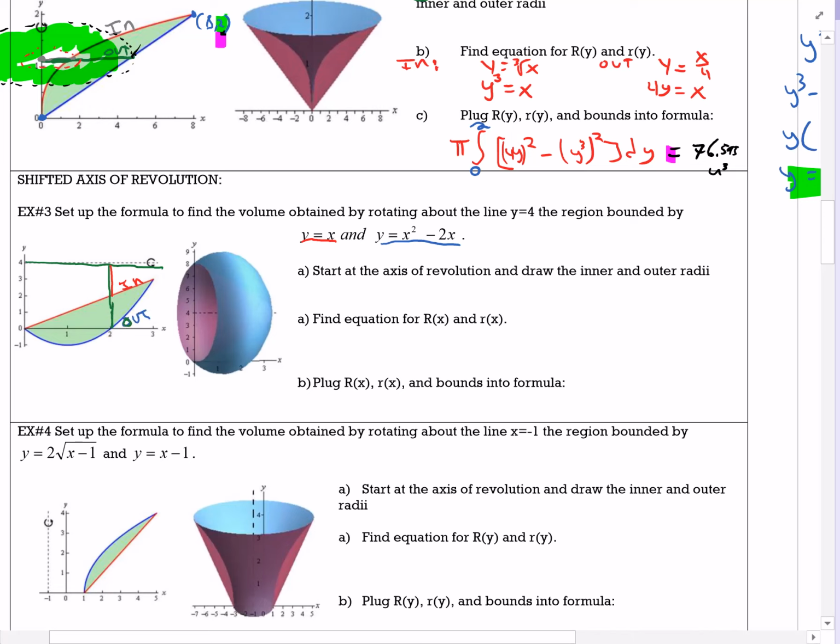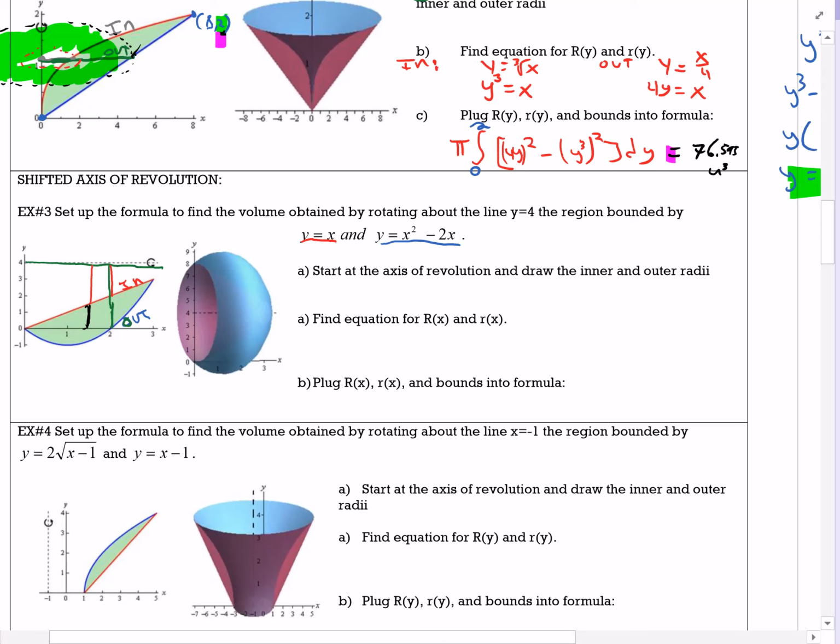Now, the challenging piece here is we can't simply use the function, because the function value tells us the distance from the x-axis to our function, right? Our function value is giving us this distance that I have there in black, but we don't want that distance. We want basically the distance up like this, right?